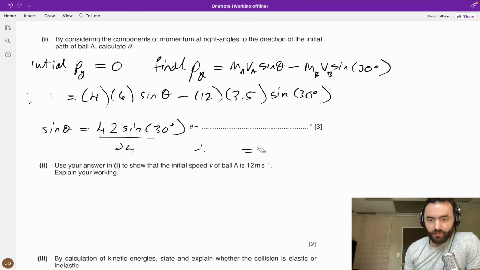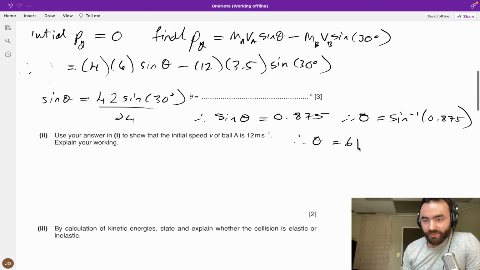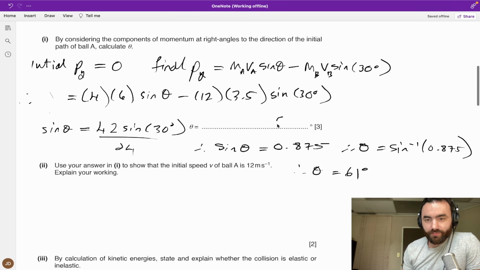So just to be clear, I calculated this and I got sine theta equals 0.875. So therefore theta will be the inverse sine of that, which is 61 degrees rounded.